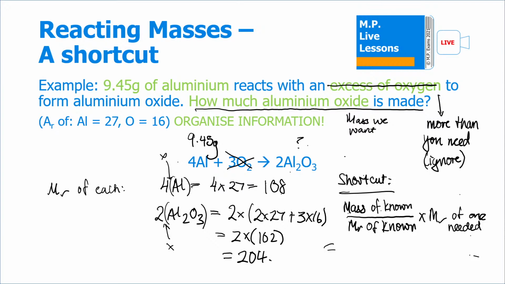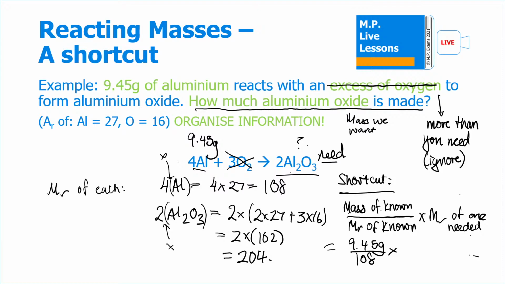So to put numbers in, we have the mass of our known chemical, so that's our aluminium, 9.45 grams. We divide this by the MR of our known chemical, so that's divided by 108. Then we multiply this by the MR of the chemical we need.